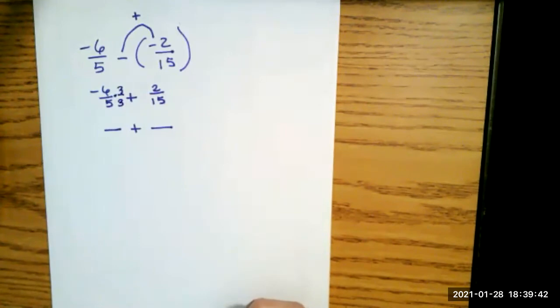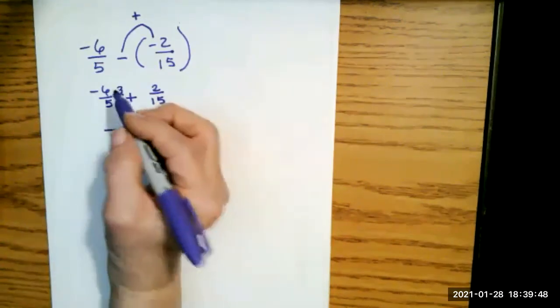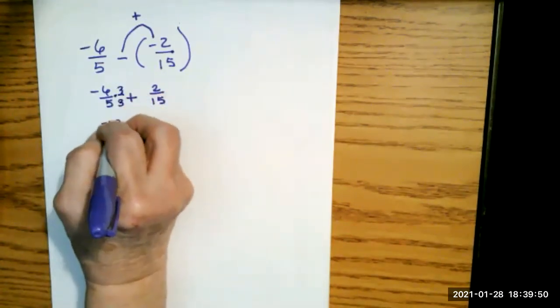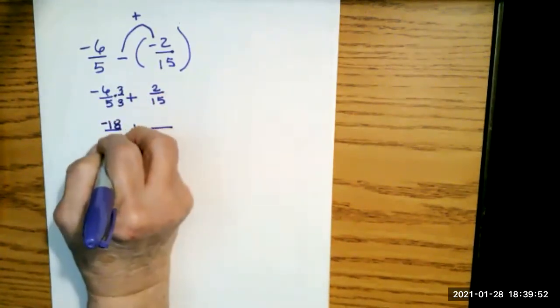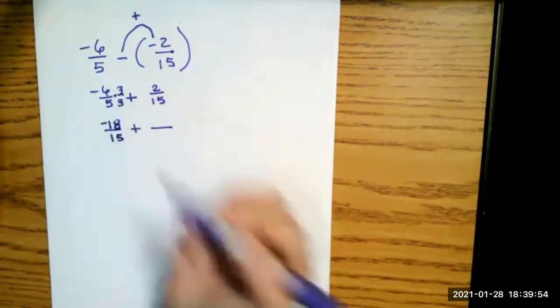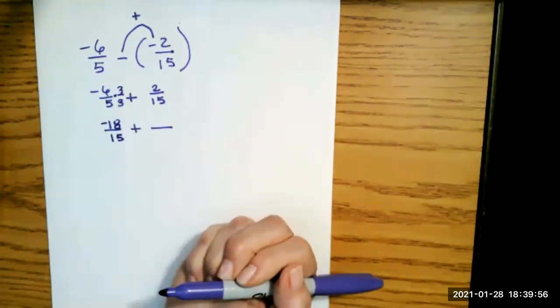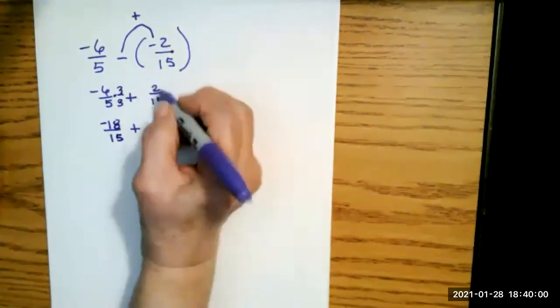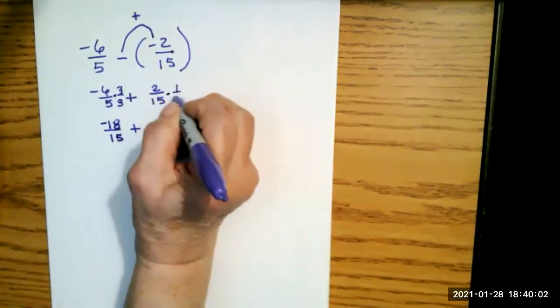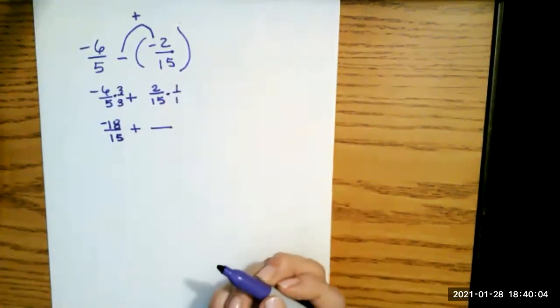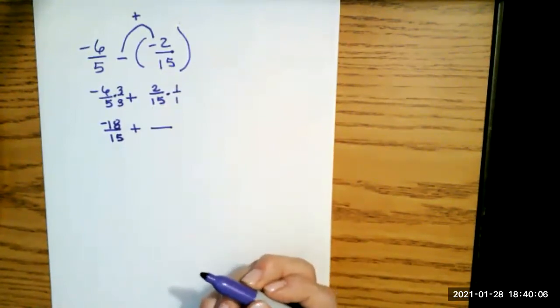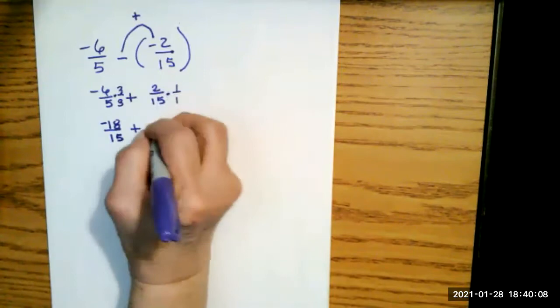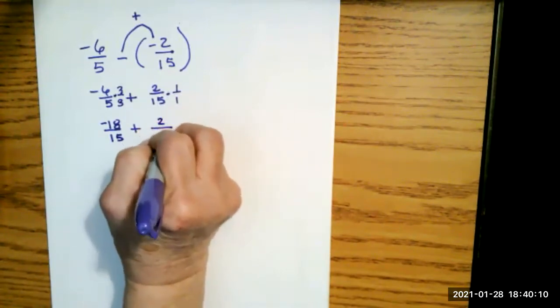That's called need over need, actually. That's what I need to multiply there, 3/3, to get my 15. So I would have -18 on the top and 15 on the bottom when I multiply 5 times 3, because I'm trying to get a common denominator. Now, I already have 15 over here, but if you really want to multiply by something, you could multiply by 1, because 15 will go into 15 1 times. Now, 2 times 1 is 2, so see, this one has not changed.